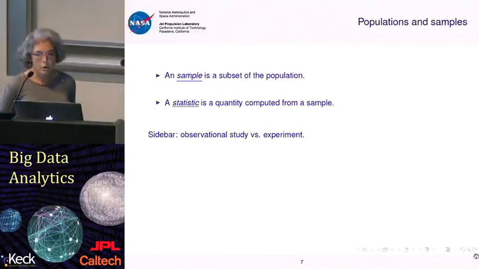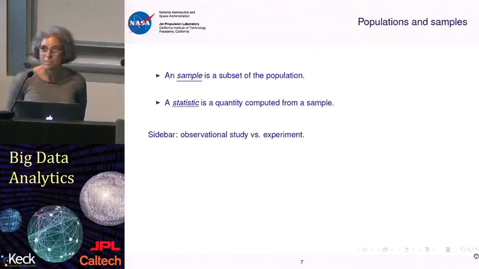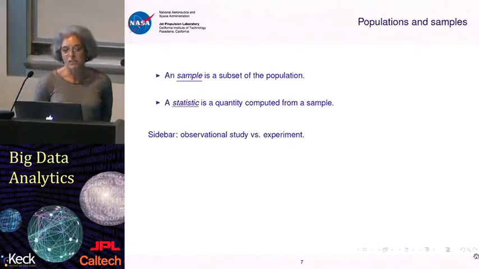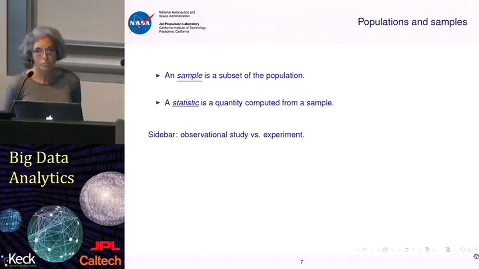I have this little sidebar here about an observational study versus an experiment because I think that's an important distinction. Back in the old days when statistics was young and one of the original applications was to understand the impact of different treatments on, let's say, how well your corn grows, people did what were called experiments.